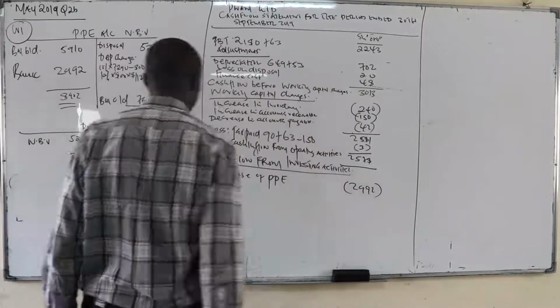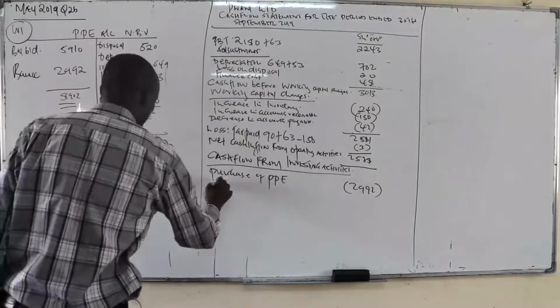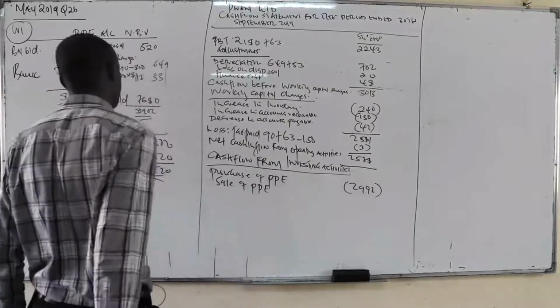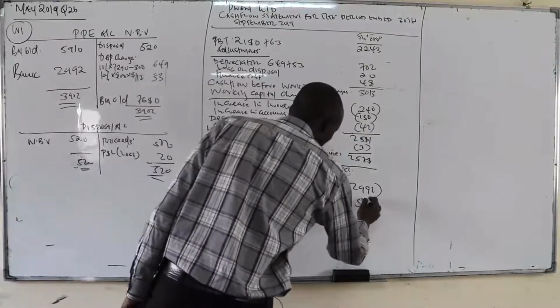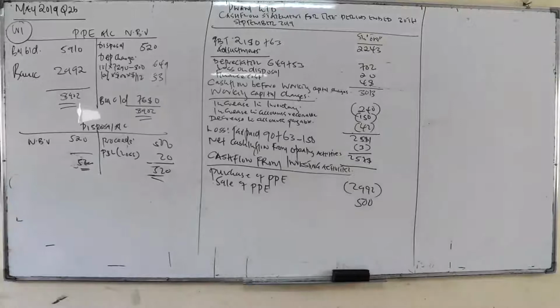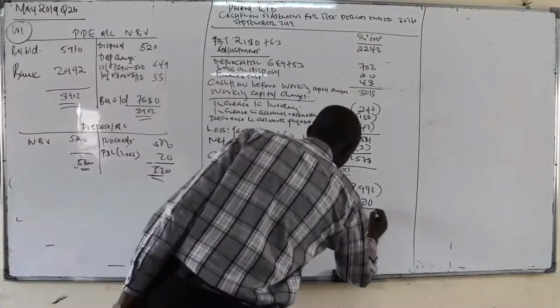This is an outflow. Then we have the sale of property, plant, and equipment, which is the amount of money that was received. So we had only those two items.